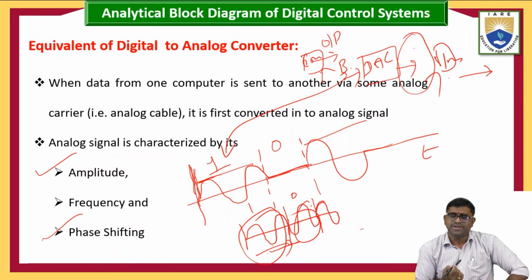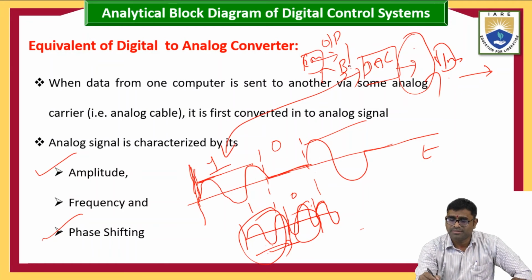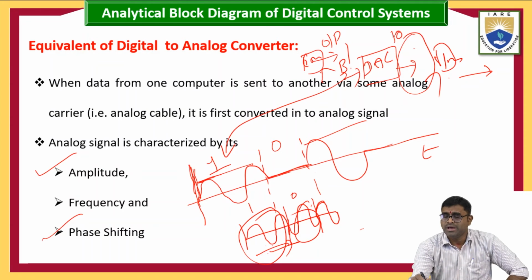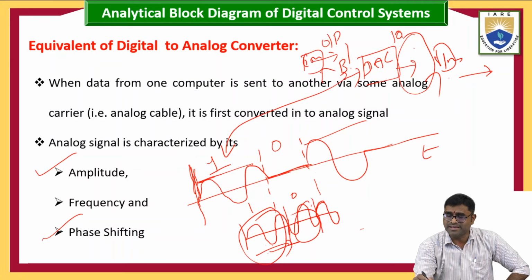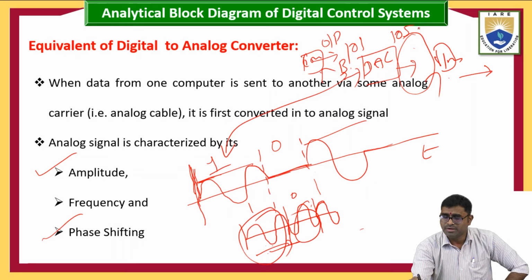If the frequency is changing, for 1 it is 10 cycles. For 0 it will be 5. Again for 1, it is going to be 15.